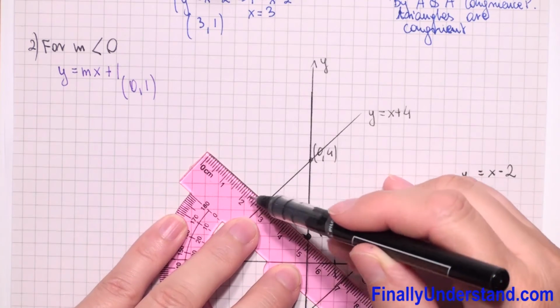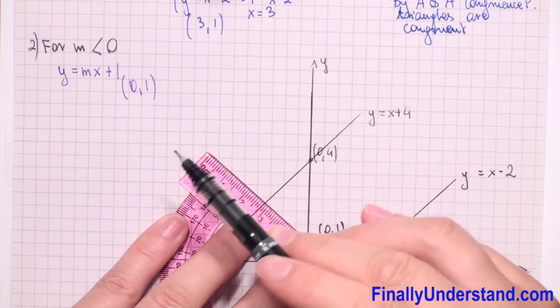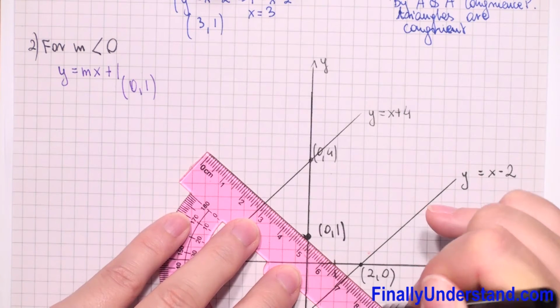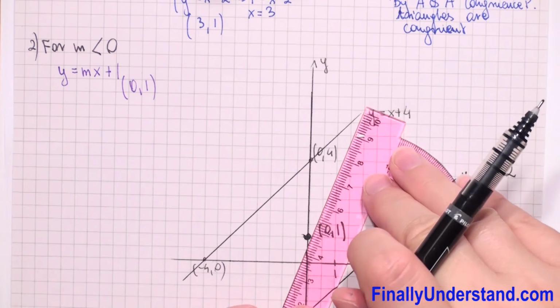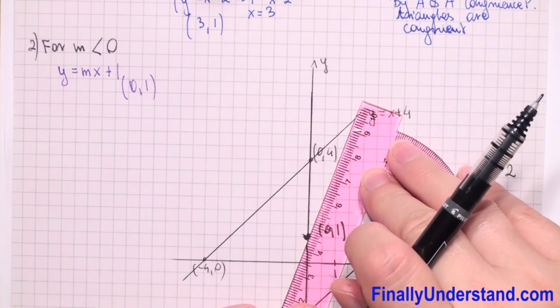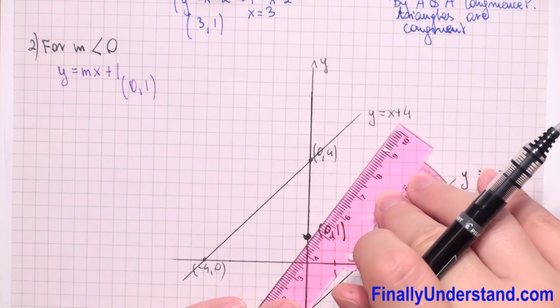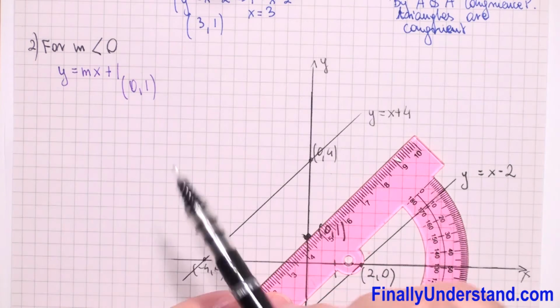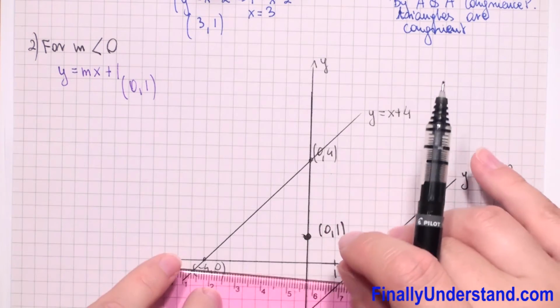Important is only that m is less than 0, so this line must go down. We cannot draw something like this or that, because in this case m is not less than 0.